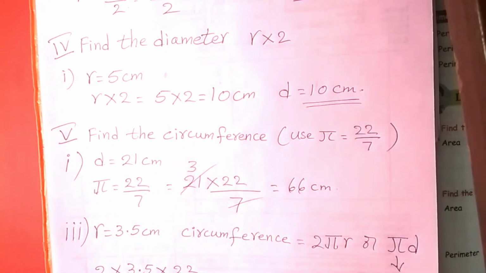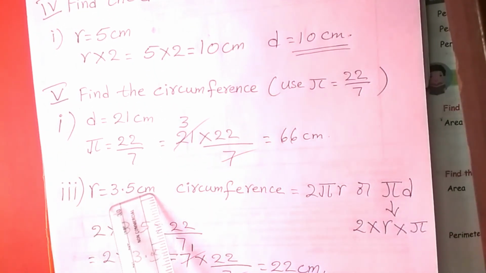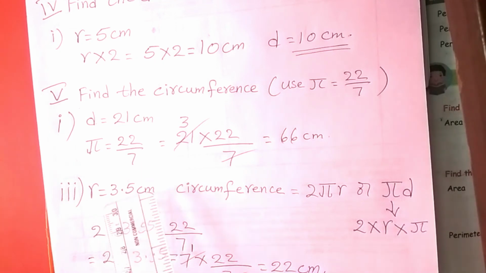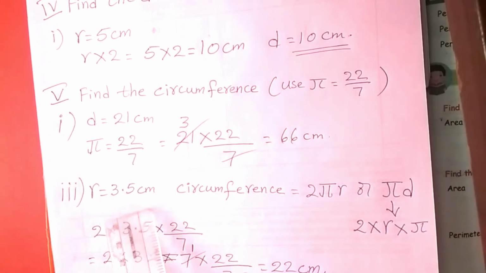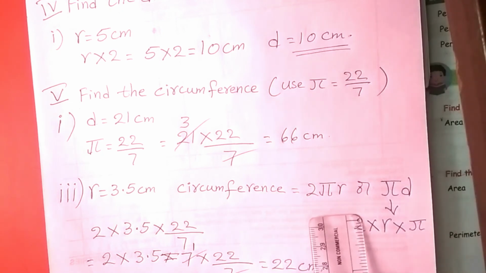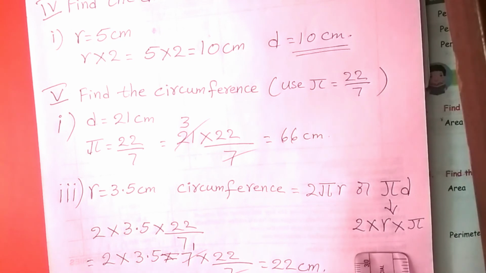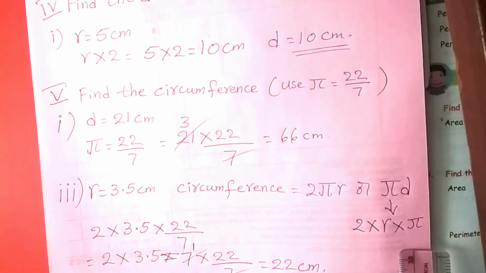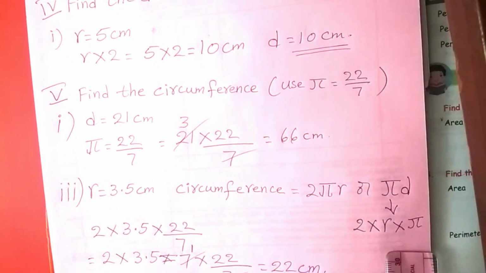Okay, likewise, you see one more example. They have given r equal to 3.5 centimeters. We have to find the circumference for the given radius. For this, the formula is 2 pi r or pi d. So 2 into r into 22 by 7.